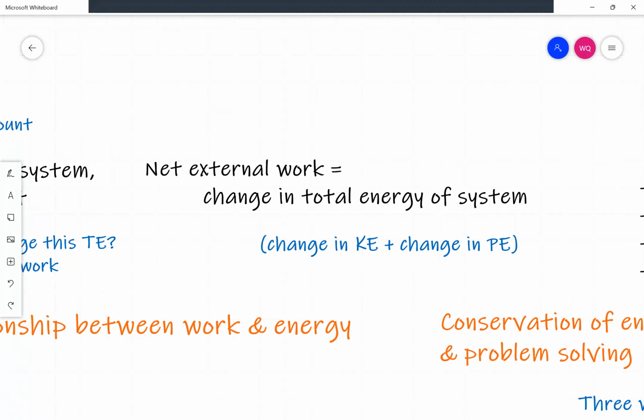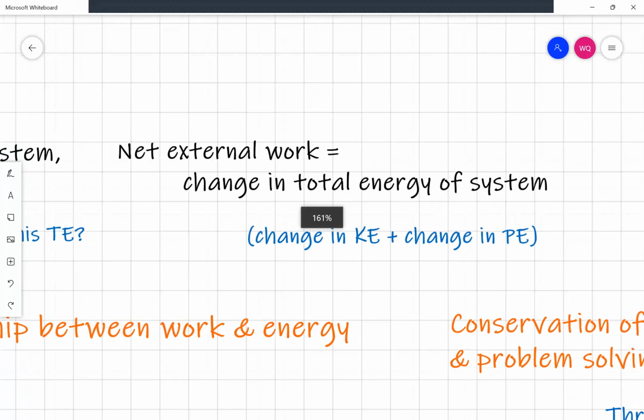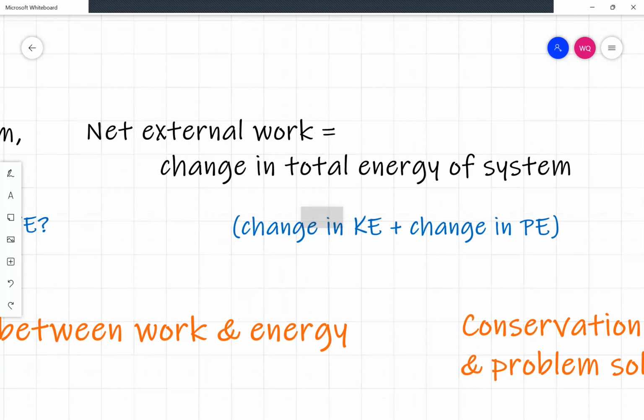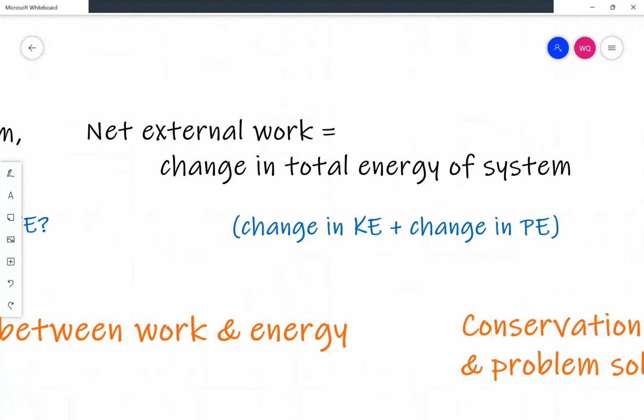So if we were to write this same thing in an equation, it will appear as such. Net external work is equal to the change in total energy. Total energy, you can break it down further. It doesn't matter how I call my wealth, because my wealth is either in my wallet or in my bank.